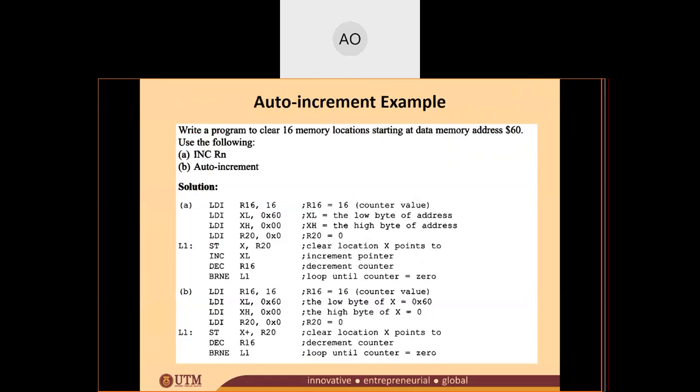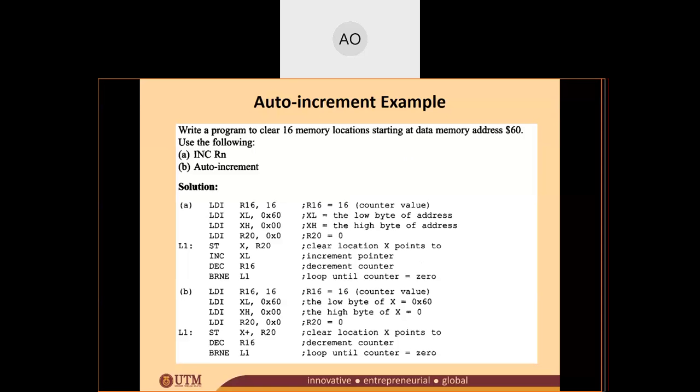Okay, let's look at the contoh kat sini. We have a few contoh. Kita look one by one. Write a program to clear 16 memory locations starting at data memory address 60.